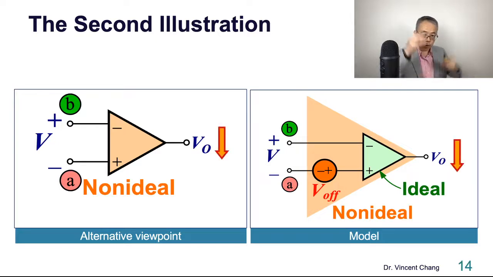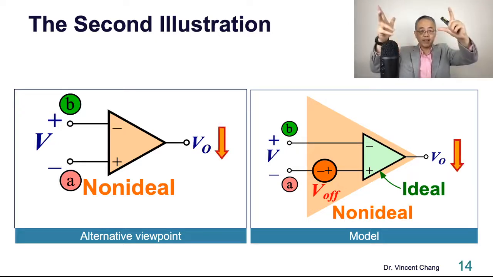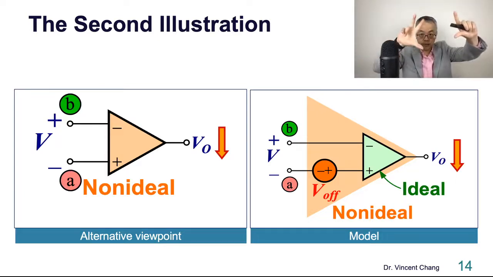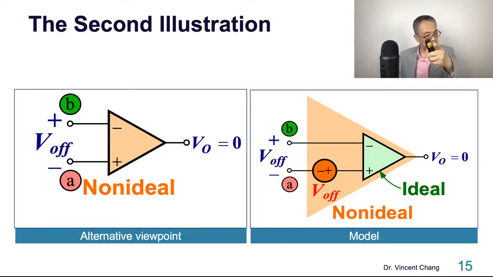So when you apply it, the VO will go down from the original offset level. So what if we apply a voltage just to cancel the input, the orange one, then the output will be 0, right?